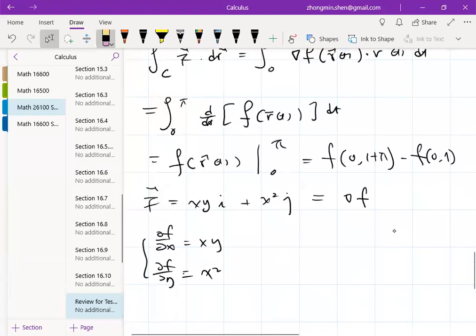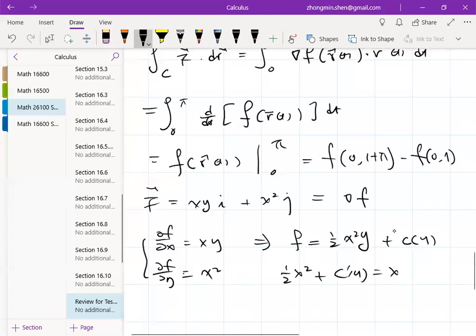Okay, if you try, look at what you get. If you integrate with respect to x, you get half of x squared y plus a constant depending on y. Then I put it into the second equation, I get half of x squared plus c prime(y) equals x squared.